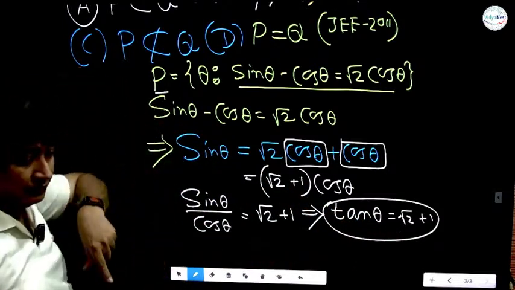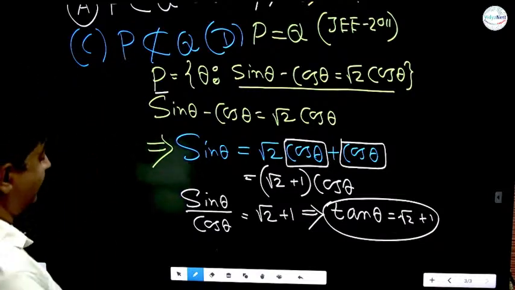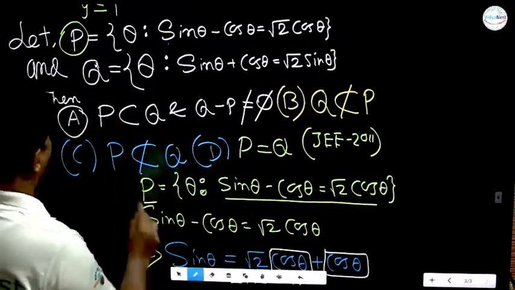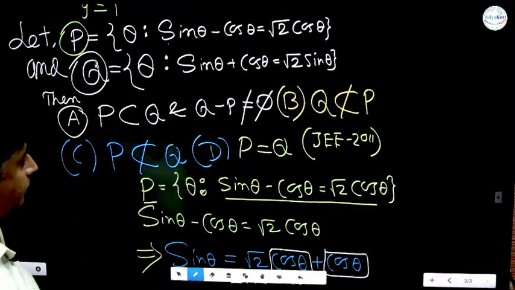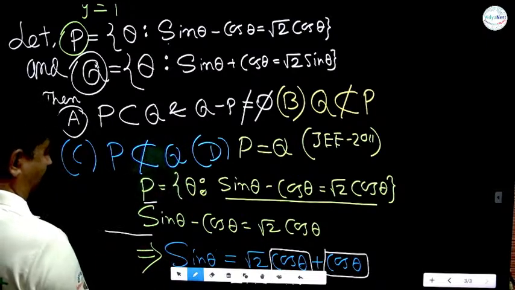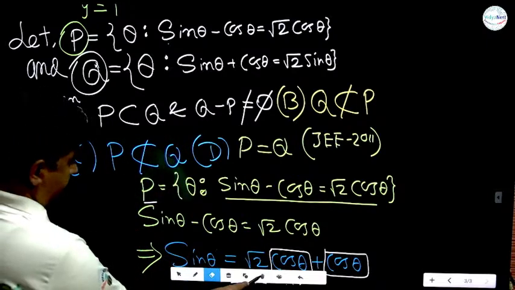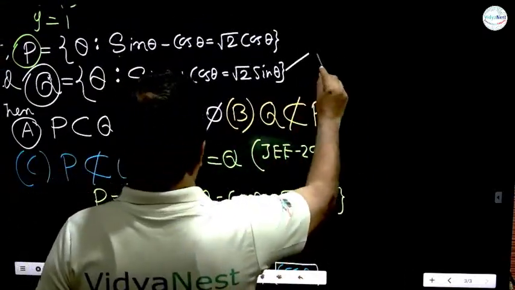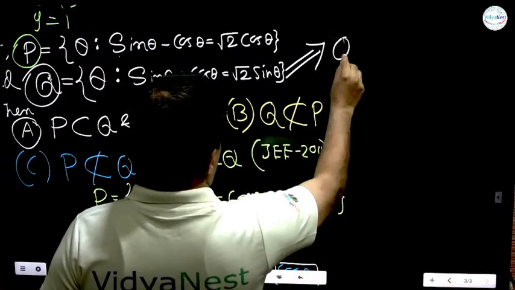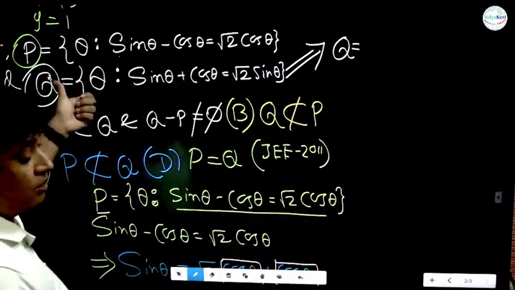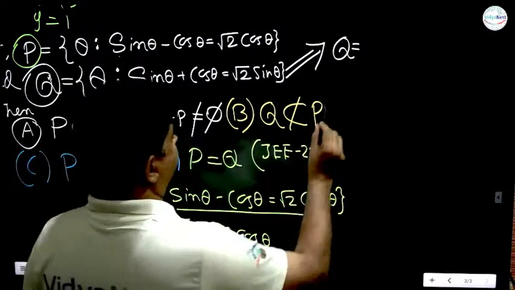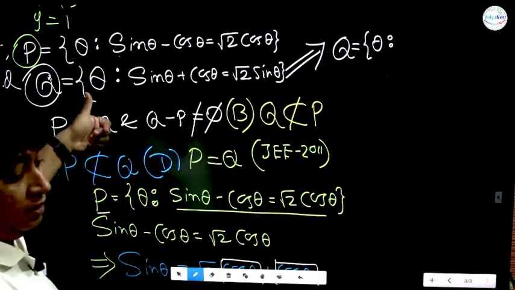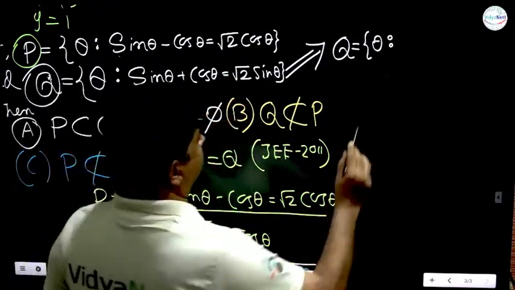So I have got one result, which implies tan theta equals root 2 plus 1, from set P. Okay. Now we'll analyze the set Q, sorry. Q set is to be analyzed. Let's see Q. From Q what can we get. Q is also a collection of theta, theta which are chosen from this equation.